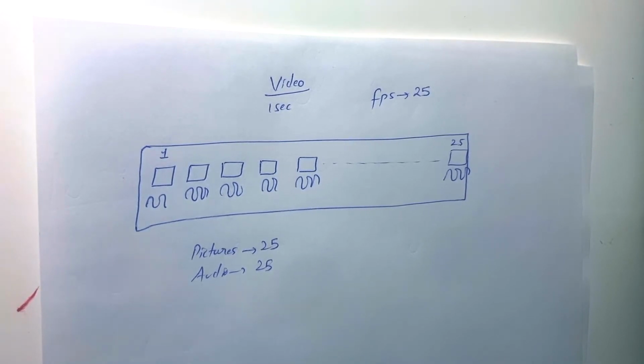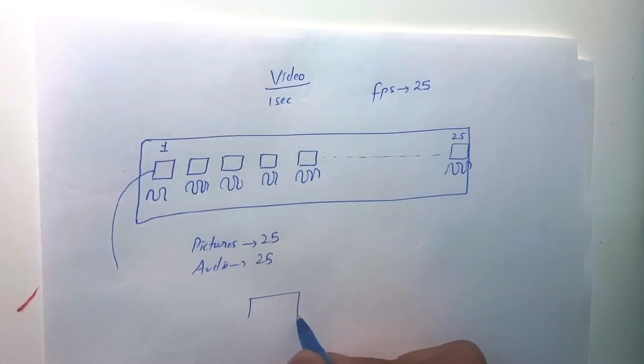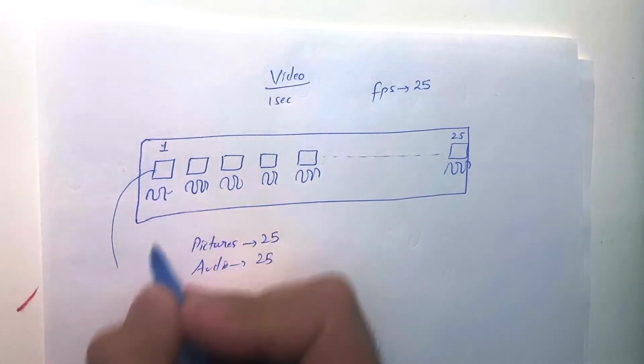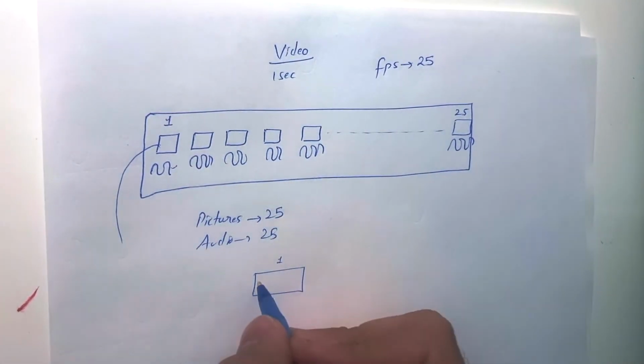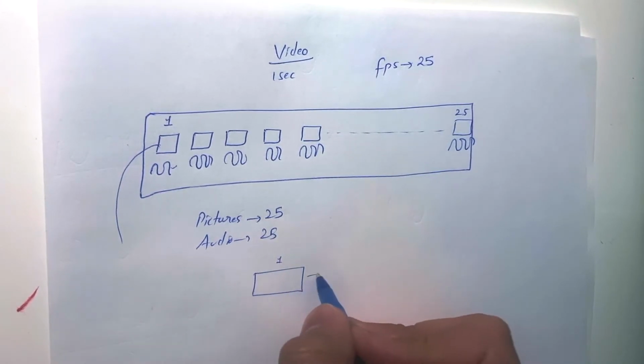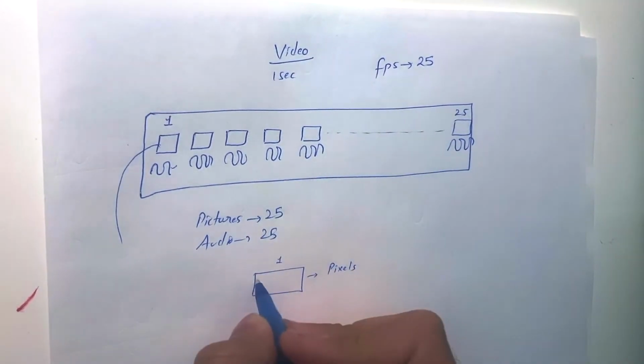Now, let's microscopically see that in digital terms. This is basically a picture. Let's see the picture first, and then we'll see the audio. If this is the picture, frame number 1, in this particular frame, what we have mainly is pixels. So we got small boxes.